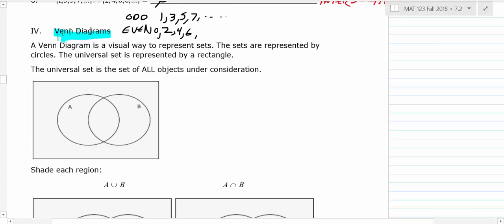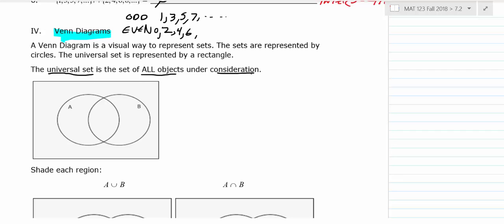So let me give you some definitions here. Basically, when we do a Venn diagram, what we usually do is we draw a rectangle, and the universal set is the set of all subjects under consideration. It's not the set of everything in the universe. It's the set of things you're interested in. You might just be interested in all odd numbers.